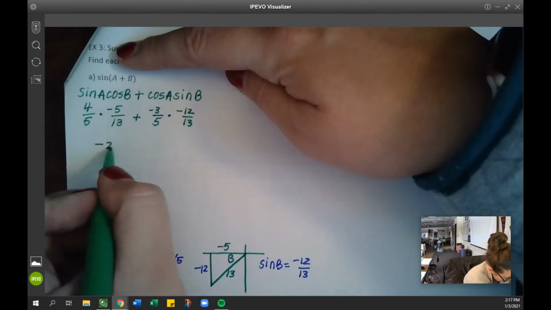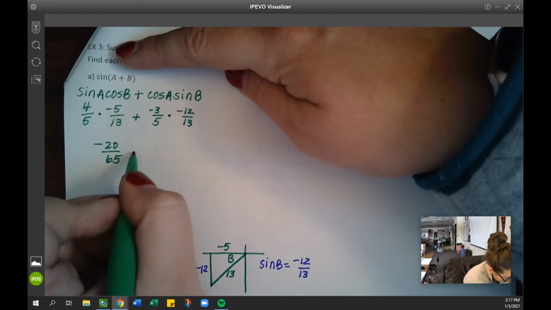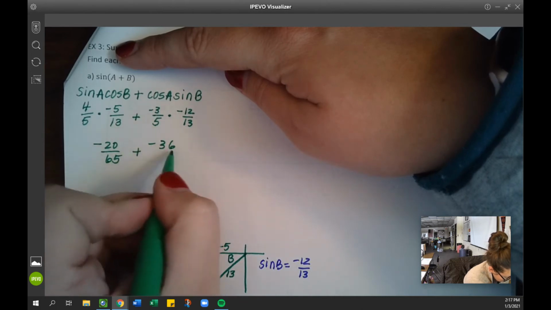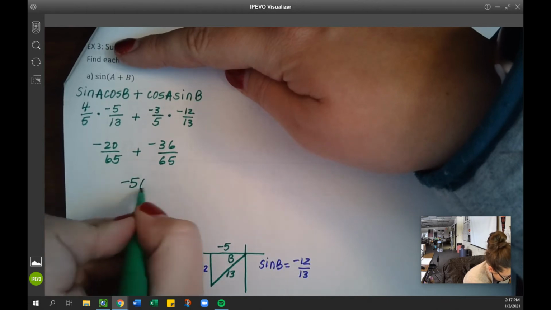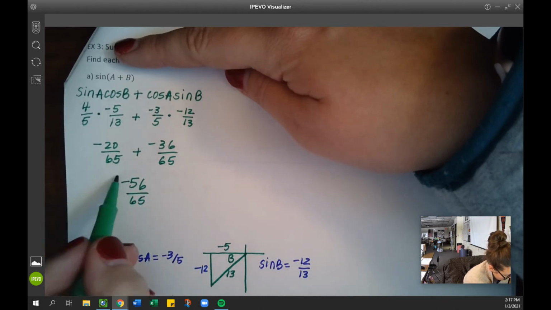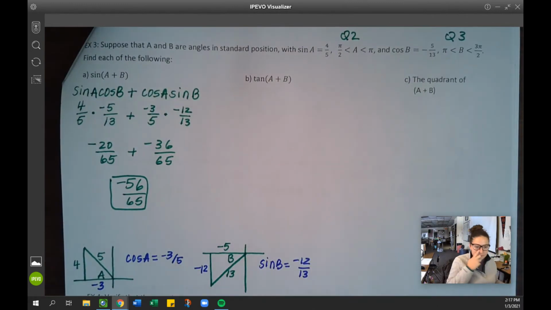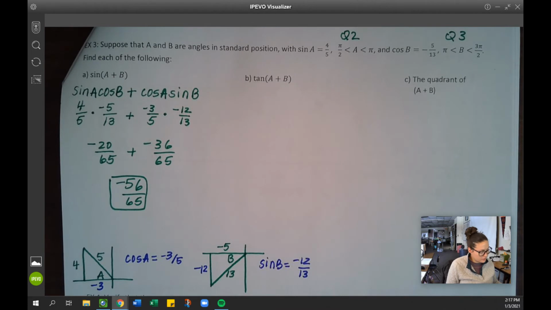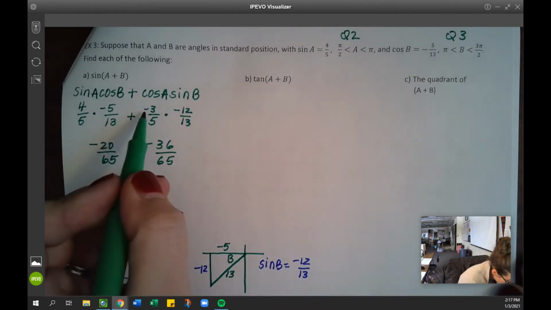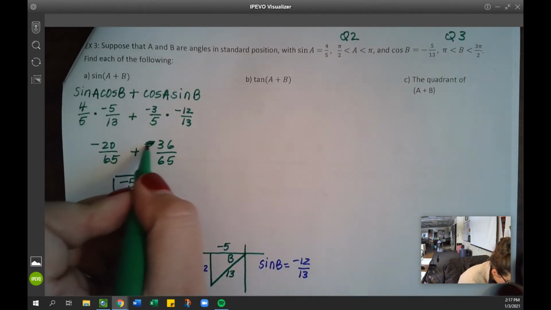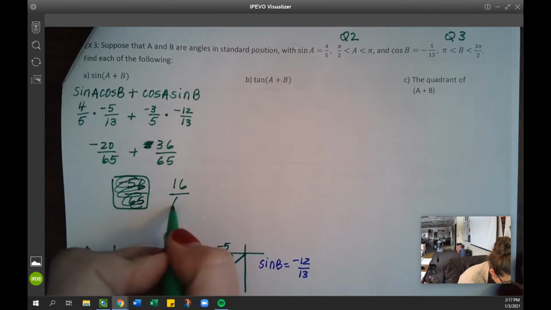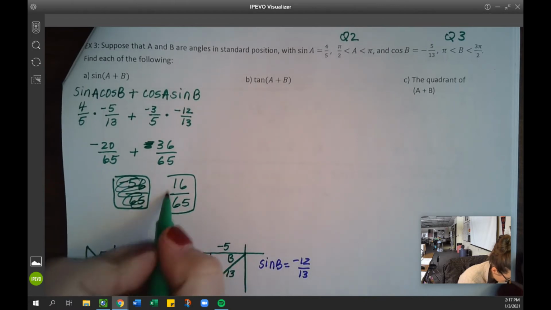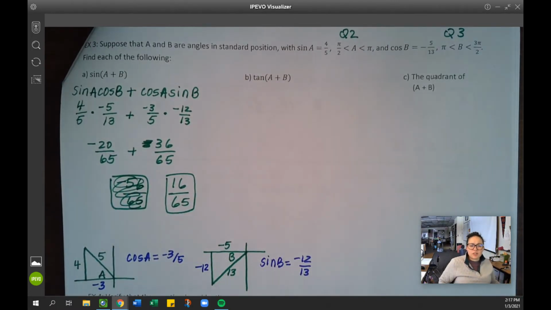That gives me negative 20/65 plus negative 36/65. Actually, sorry. Negative times a negative is a positive, which means that my answer is 16/65. I'm a little rusty after a couple weeks off here.